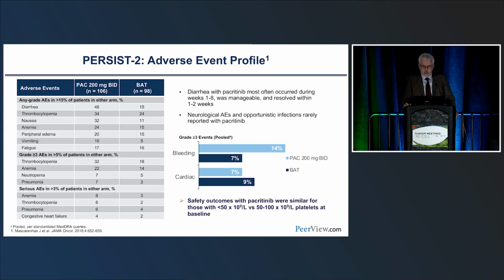In the table, you may see thrombocytopenia or anemia, but remember, those patients were already anemic and thrombocytopenic, and there is not much difference between the best available therapy arm or pacritinib in that regard. On the right side, bleeding and cardiac events were at one point in development of pacritinib significant in terms of leading to a clinical hold of pacritinib for some months.